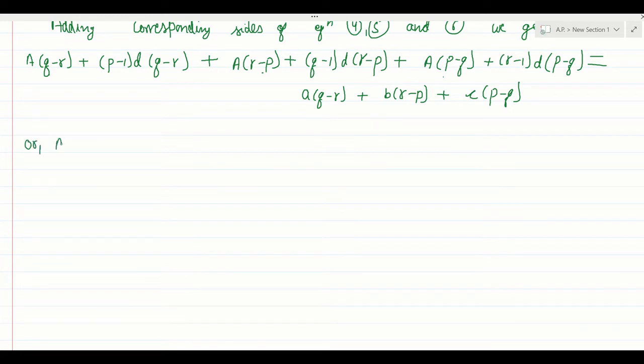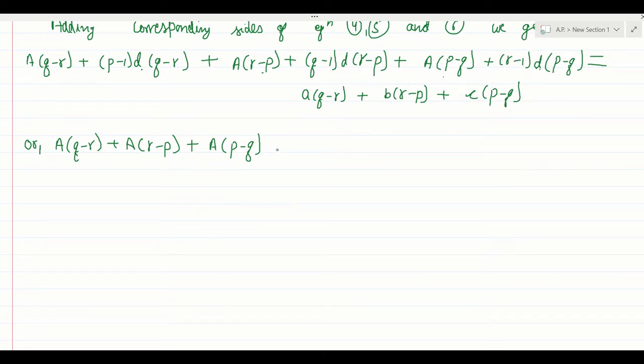It is A Q minus R plus A R minus P plus A P minus Q. Is this clear? Okay, then the remaining terms. In the remaining terms, this is remaining, and this is remaining. In all these three terms, there is D. So we can take D as common, isn't this?